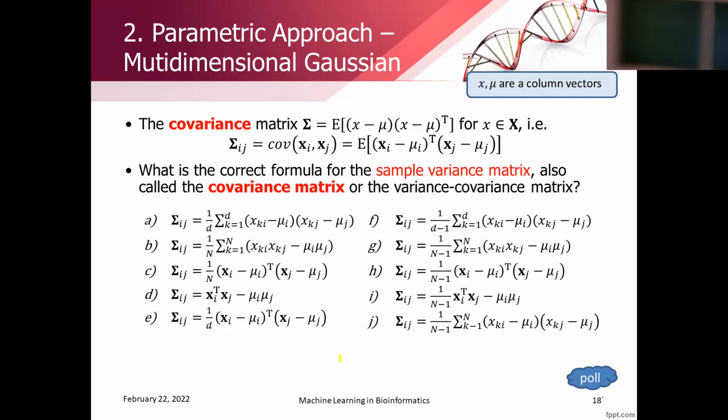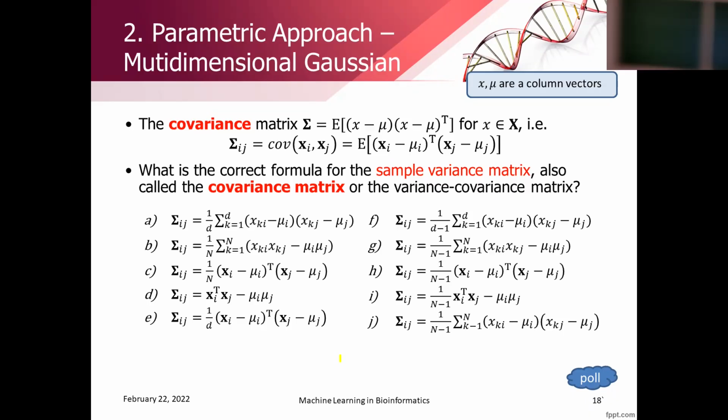So which sum? For example, A. Yes, but if we look at formula A, then k is the variable of the sum, the index from the first observation of the ith column till the dth observation.